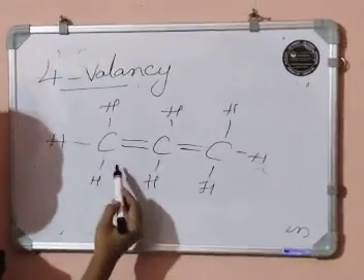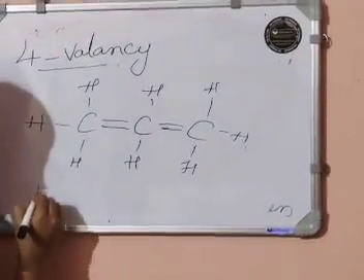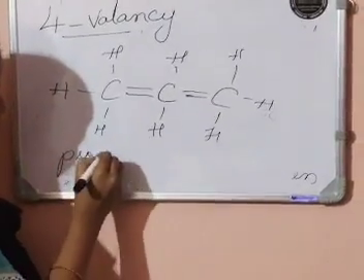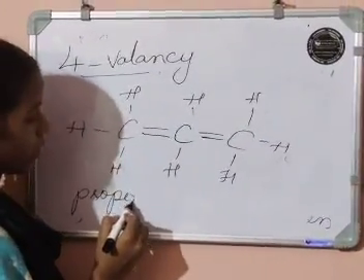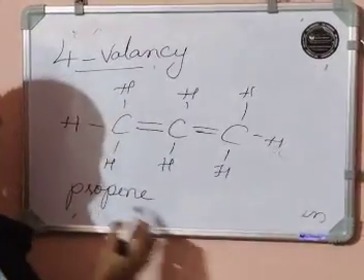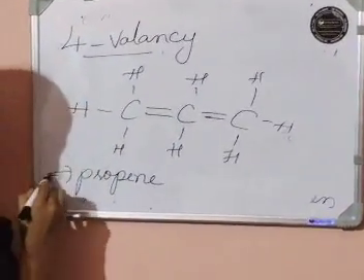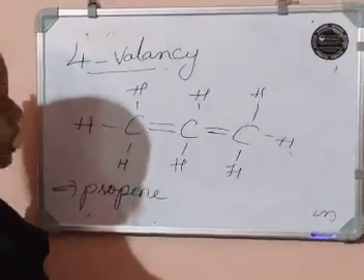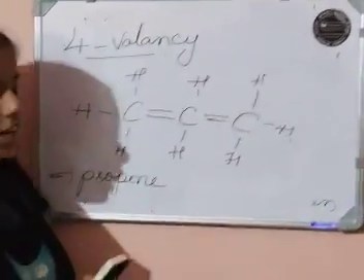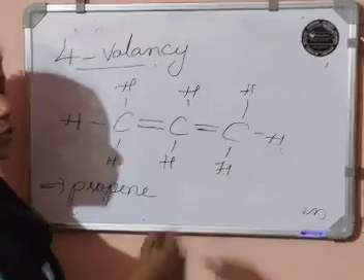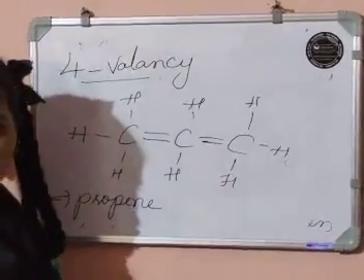We have to see here in this compound we have 3 carbons, means prop, and we have a double bond, propene. This compound name is propene. Once you identify why I choose only H, here H means hydrogen.